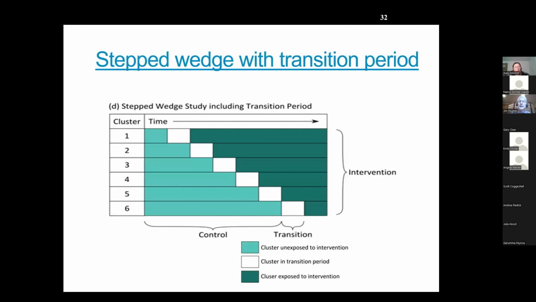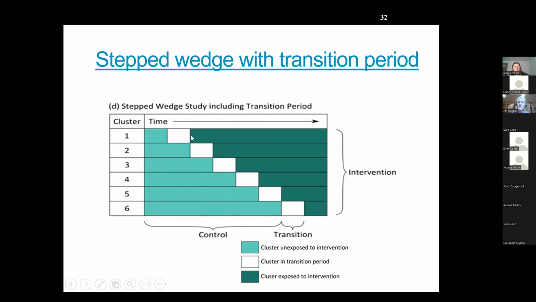And so then you can add a transition period. And this would also be what you would use in that example I was just talking about. If you expected the intervention wouldn't be effective for, say, the first period, you decide to throw out the data from that period. So I'm going to use the data from this period. Women that enroll and deliver in this period, or that enroll here and deliver here, I'm not going to use them.